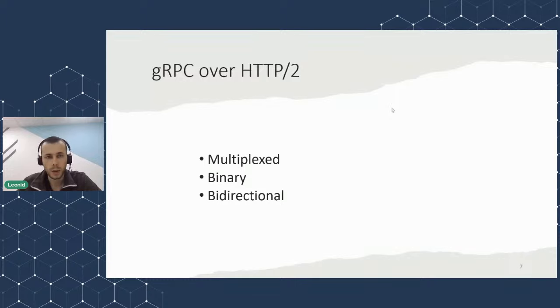And the last one, HTTP2 is bidirectional, so it supports the thing which is called server push. This is the ability of the server to push the request to the client without the client asking for it. And it enables the creation of streaming mode in gRPC, which, as we have just seen, gives quite a boost in performance.